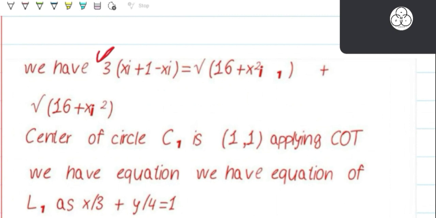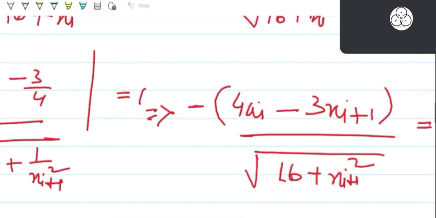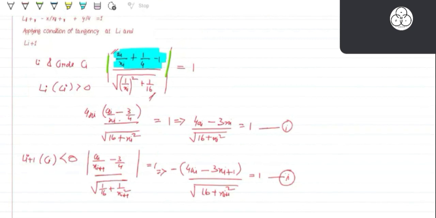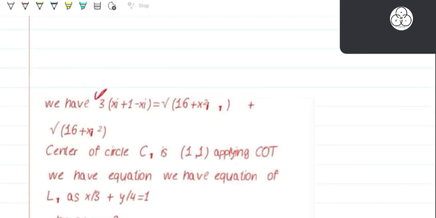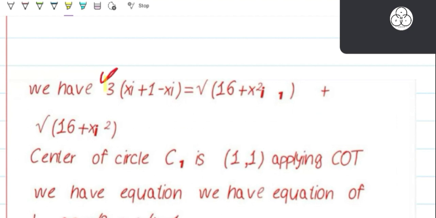This 3 is coming. I think we committed some kind of calculation mistake. Oh yeah, 3 is here. When we add them, this 4ai and 4ai will get cancelled out, and then we'll have this kind of expression.